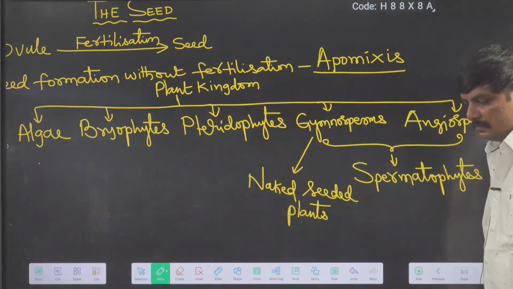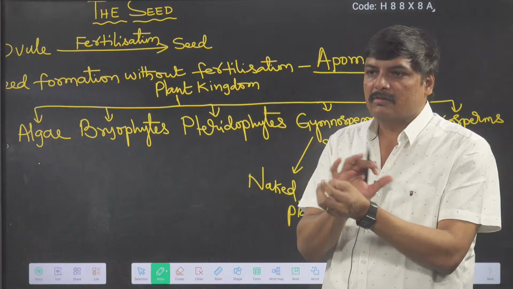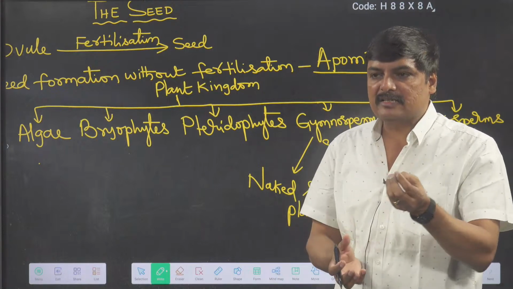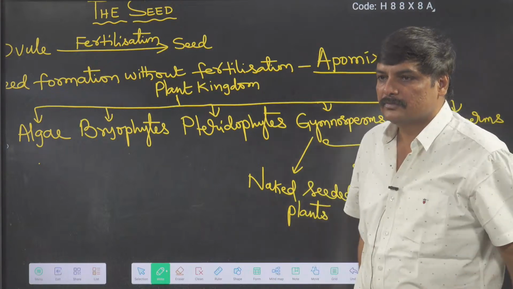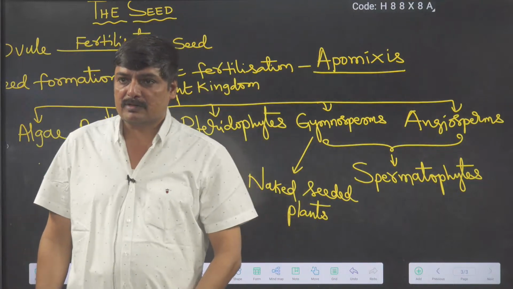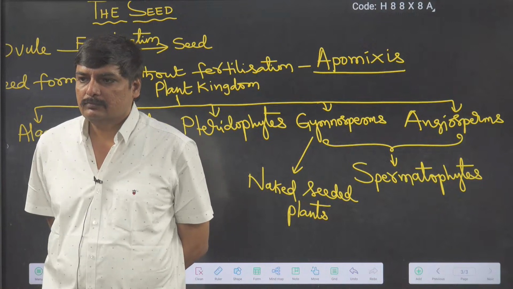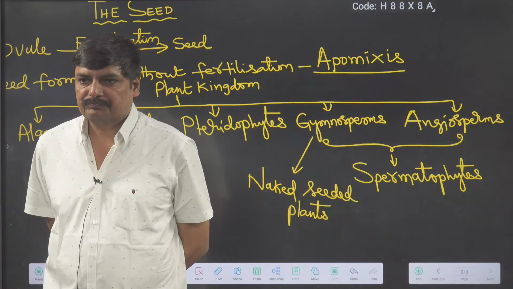But in angiosperms, the seeds are covered by fruit wall. That means seeds are enclosed within the fruit. Okay, clear now. You understand where the fruits are formed, seeds are present. Okay, good. Next.